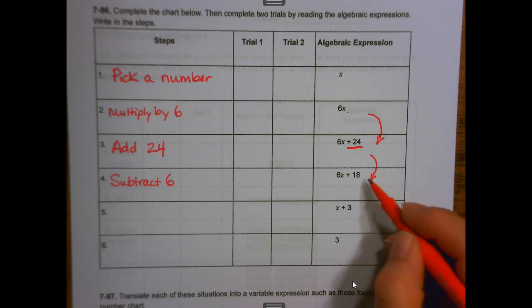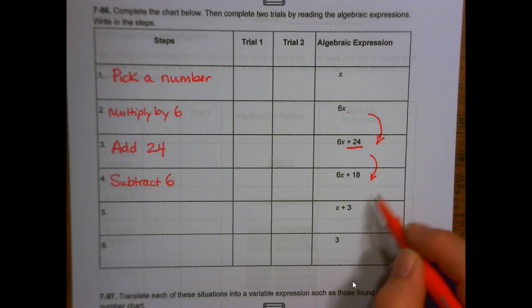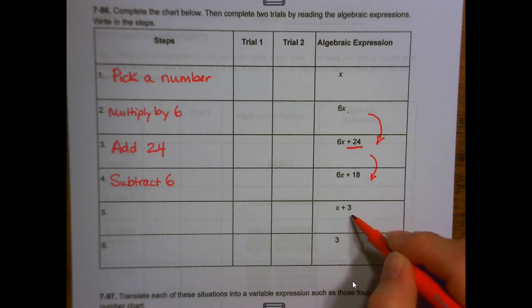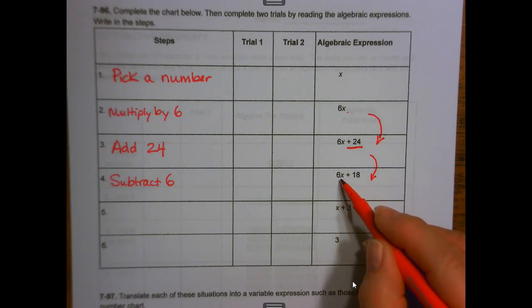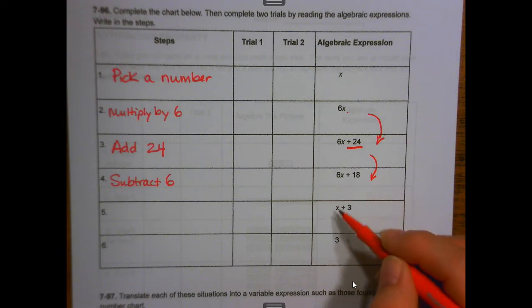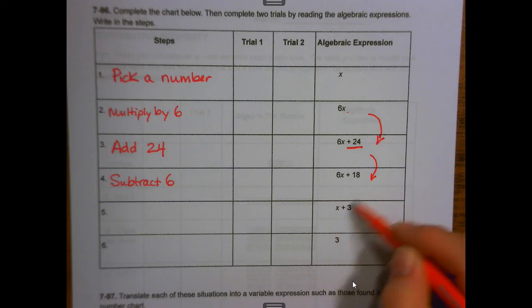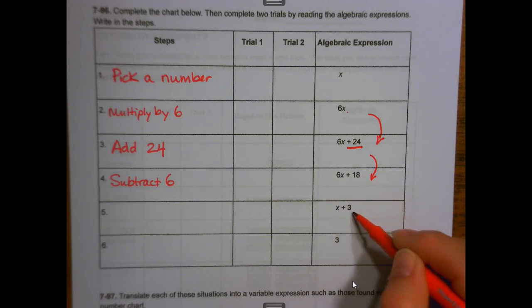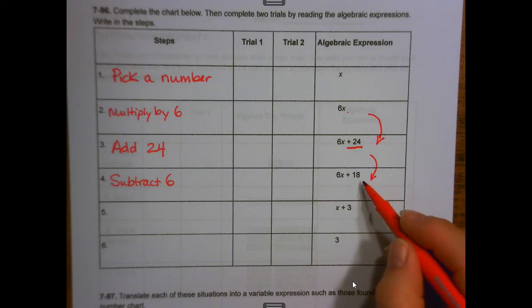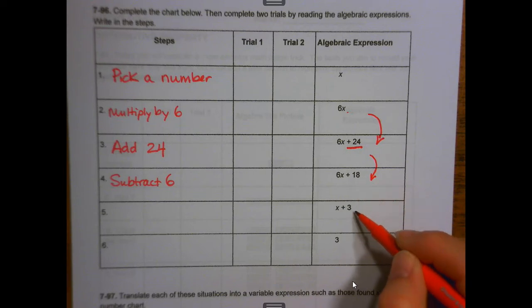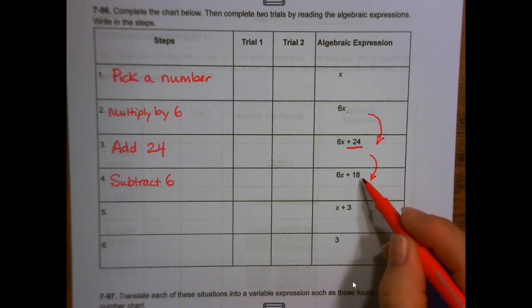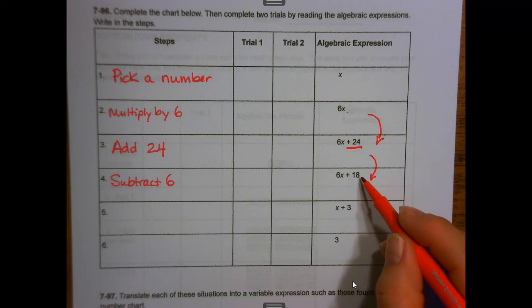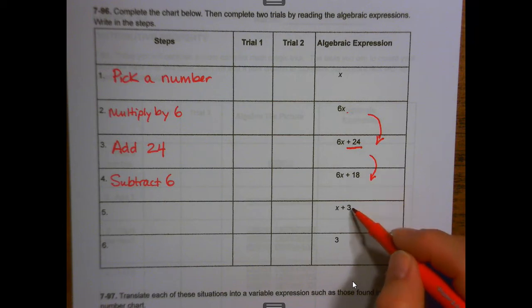And again, I'm going to look at this expression, compare it to the next one. Instead of having 6 x's like I do right here, I am now down to only 1 x. Instead of having 18, I have only 3. Now we might think, oh, well, if we just subtract from 18, I can get down to 3. And if I do that, 18, I'd have to subtract 15 from that to get to 3.